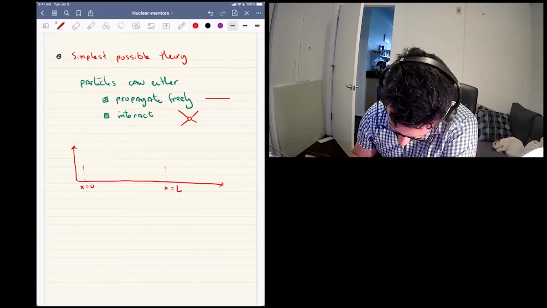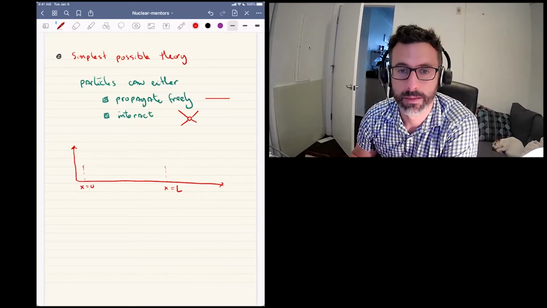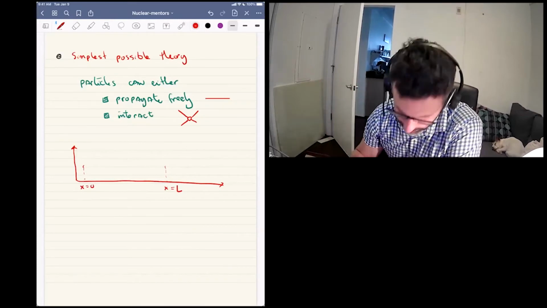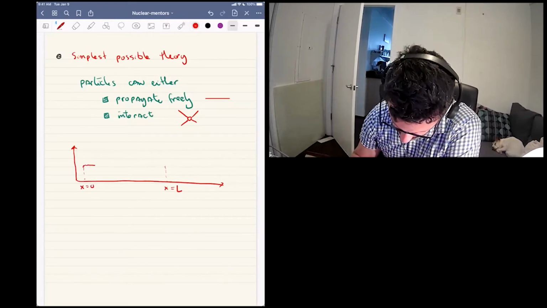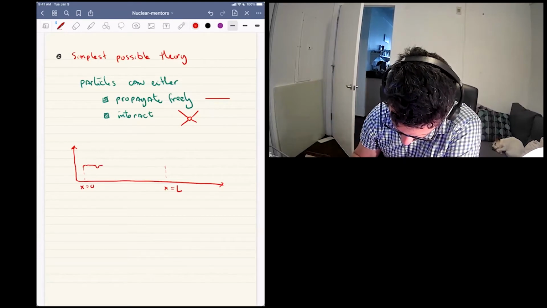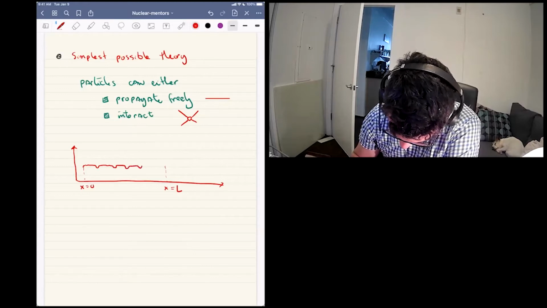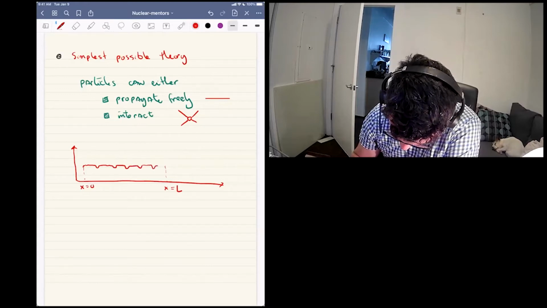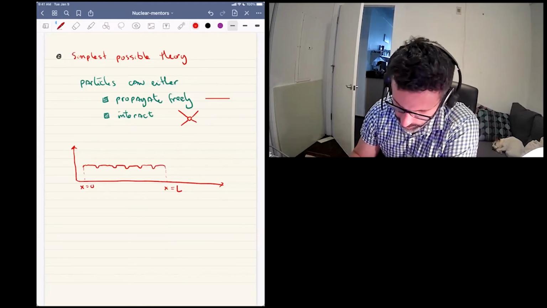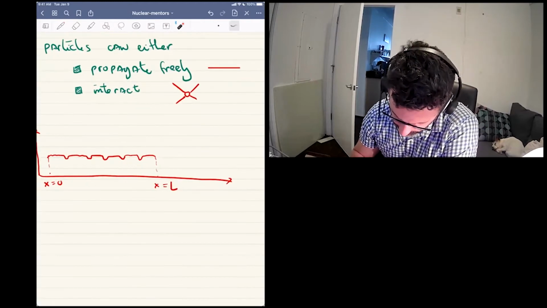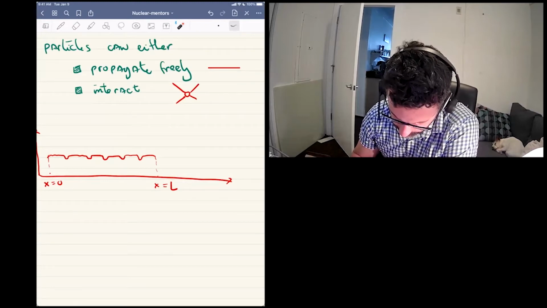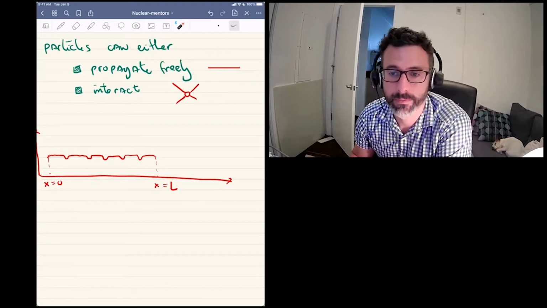And of course, your mattress is not perfect. It's not a perfectly flat thing. It's a little bumpy, and it has some points where it goes down. And so it looks something like this. If I want to describe the height of the mattress, I can use a scalar field.